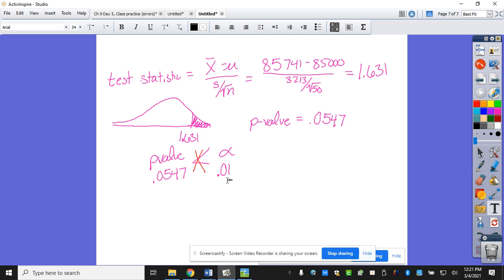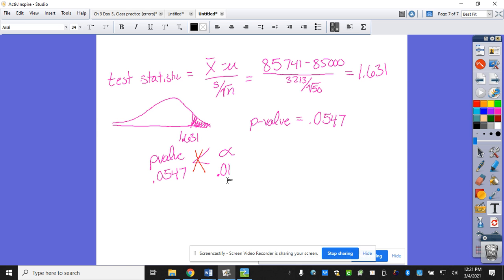So I'm just talking through our conclude. That means, I'm going to come back to that. So conclude would be we what? So p-value is not less, so we fail to reject the null hypothesis that mu equals 85,000 since the p-value is not less than alpha.